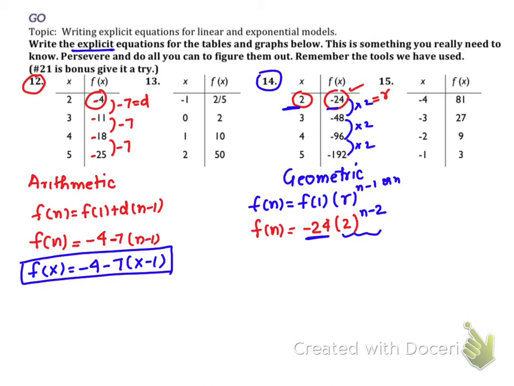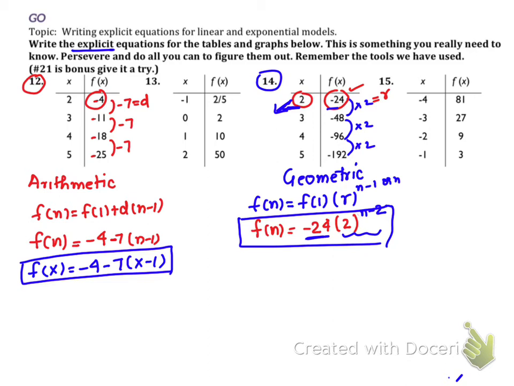So the formula in this case, because the term is not starting with 1, whatever the number of the term it's starting with, it is that minus 2. Okay, so here you can say n minus 2 is your explicit equation.